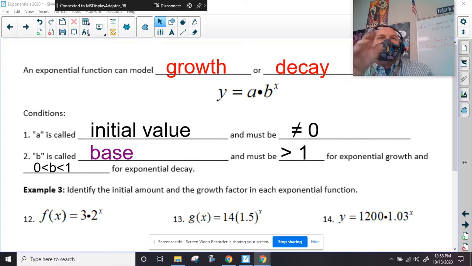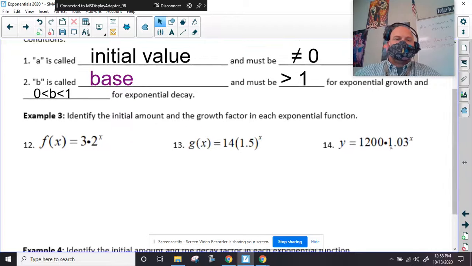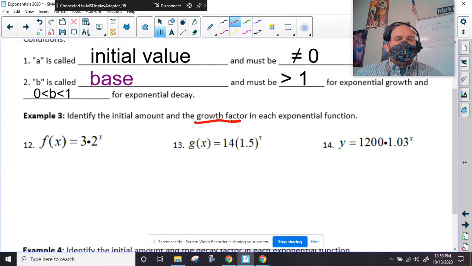The time lapse, anybody ever seen a time lapse of like Tylenol or whatever, how it dissolves? That's actually a decay thing because it's getting absorbed. Now, these are what's called growth factors.